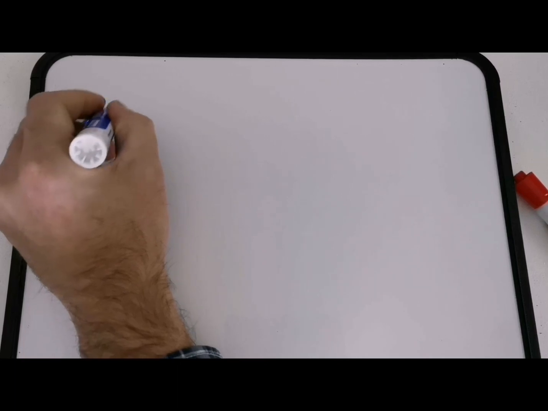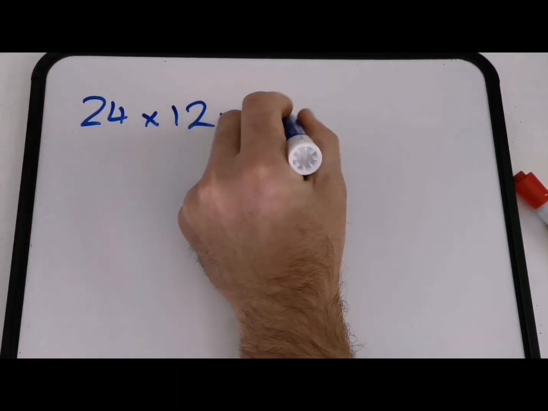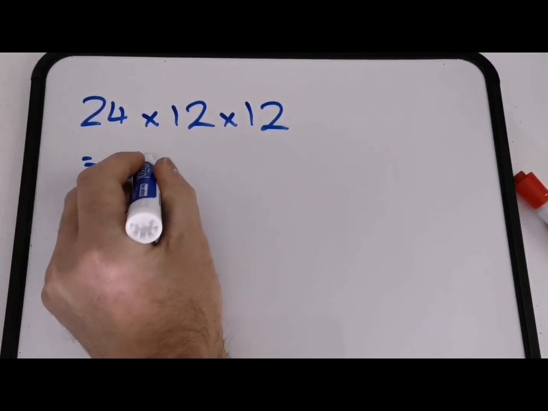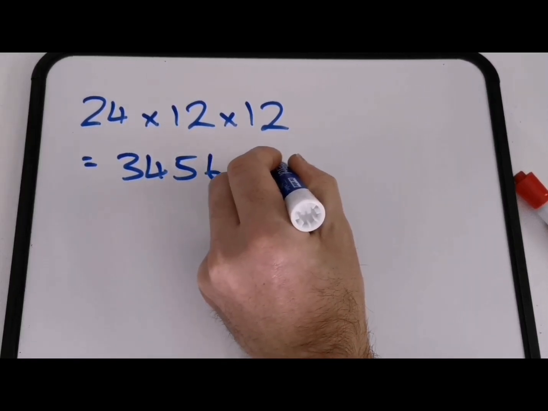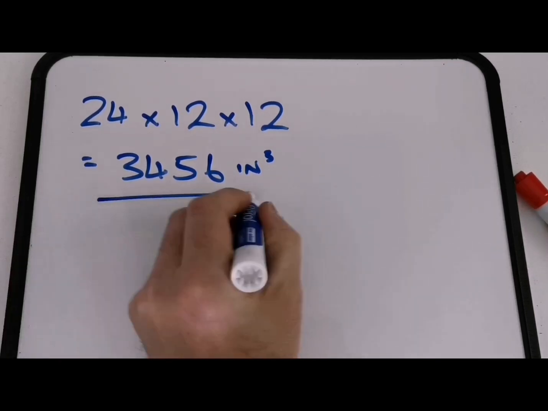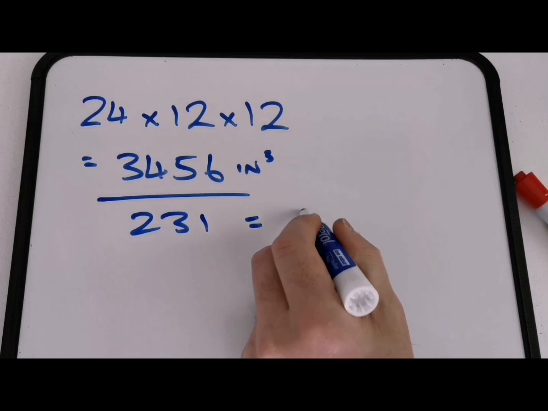So the formula was length times width times depth, and now we've got 24 by 12 by 12 this time. That comes out at 3,456 cubic inches, sorry. And then to find the gallons again, it's the same, divide that by 231.